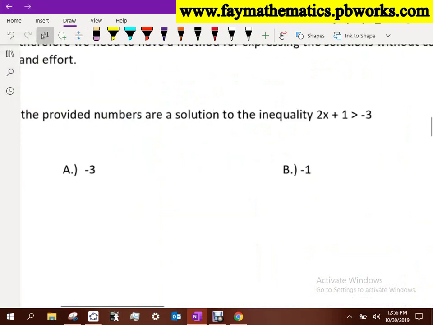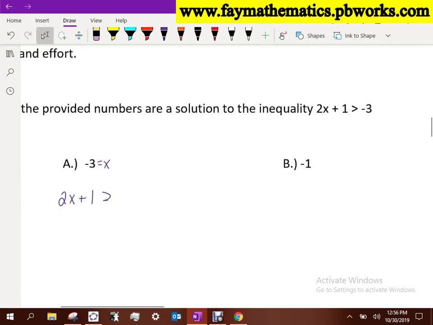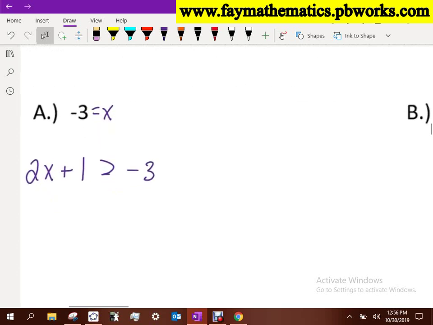Okay. So if this is your x value, does that satisfy it, does it make this inequality true? So we're asking, is this inequality, put a question mark there, true when x is -3? So you're going to substitute.